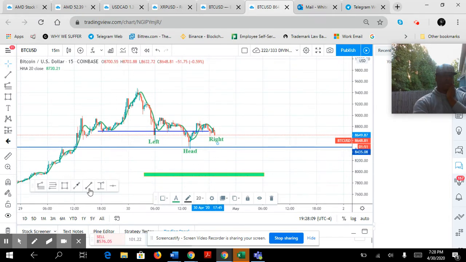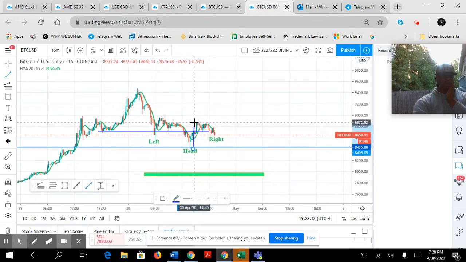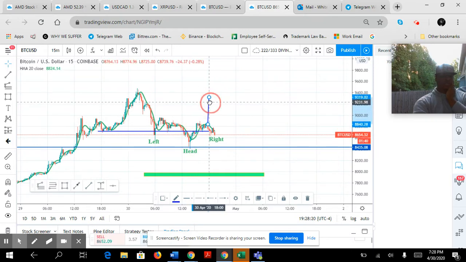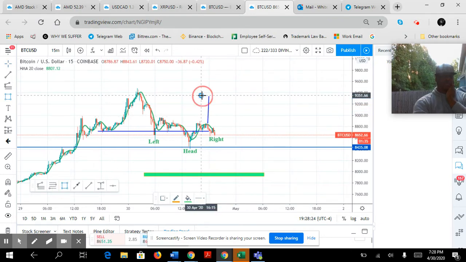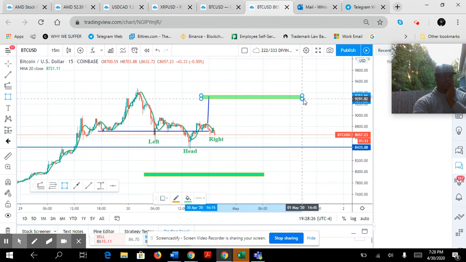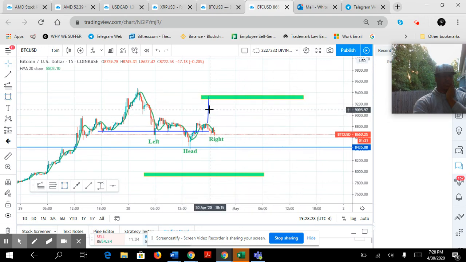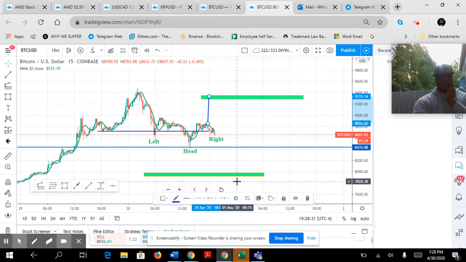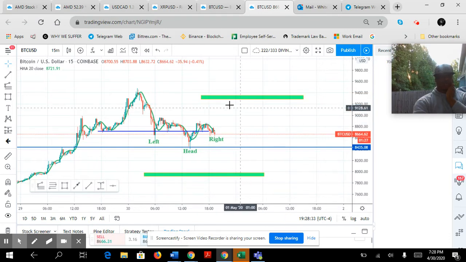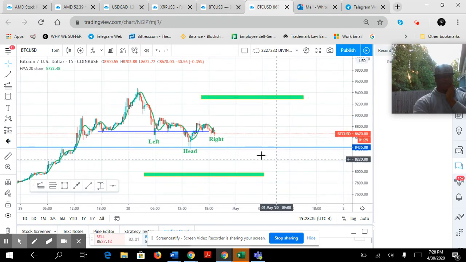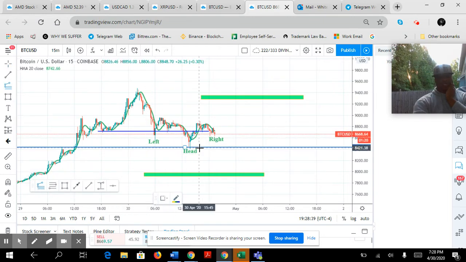So we have a right shoulder. How do we measure? Same way we do the head and shoulders: from the head up to the shoulder neckline. Bring it back up here and put a target box here. So it's a possibility that we can come back and retest this area and then maybe see a drop. Let's get the extension tool.